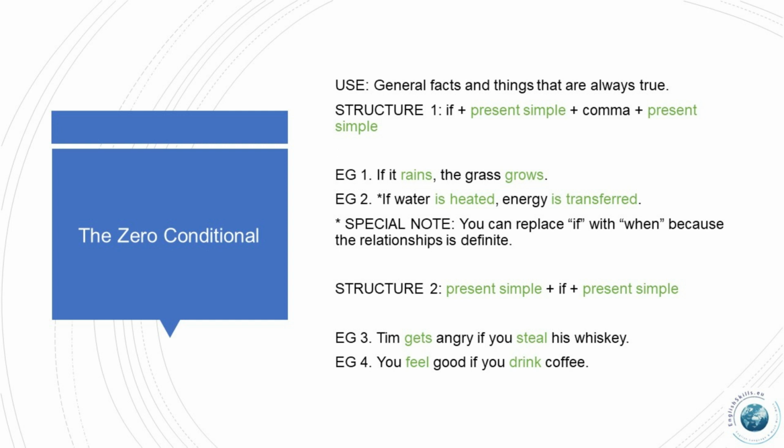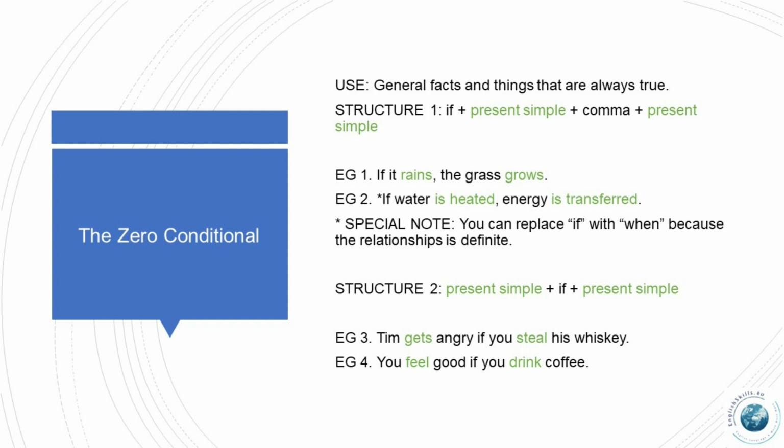Nice. For example, if it rains, the grass grows. It's always true. Example 2, if water is heated, energy is transferred. A special note on example 2, we sometimes replace if with when if we know that the relationship is definite. So we could say, when water is heated, energy is transferred.